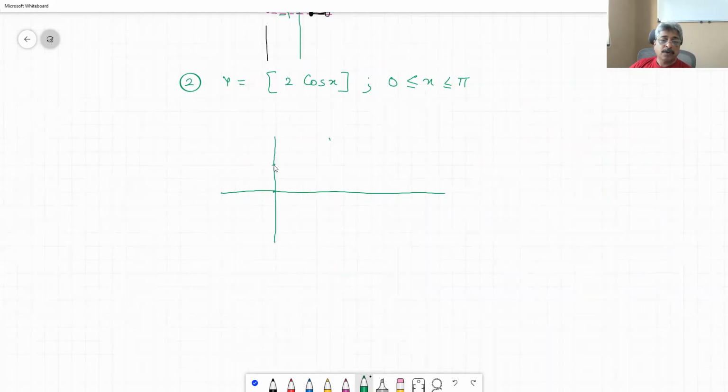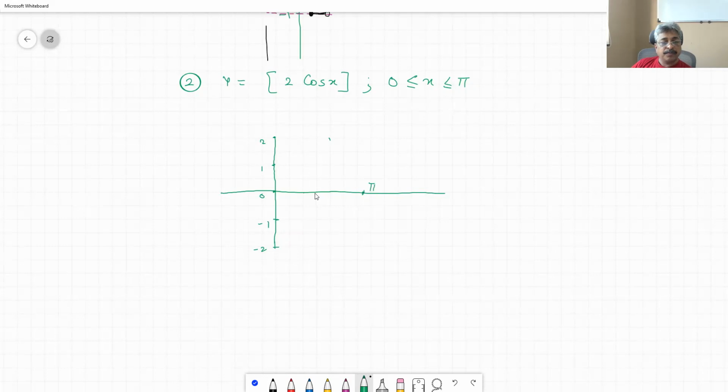0, 1, 2, -1, -2. Okay, the cos graph: cos is 1 when it is 0, cos is minus 1 when it is pi, and pi is 3.14. So this is 1, 2, 3.14.